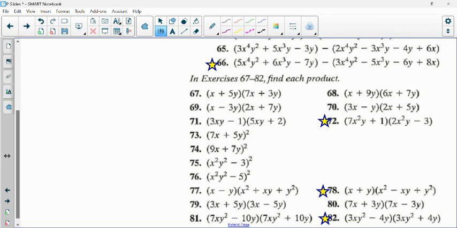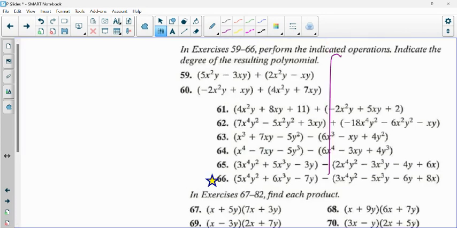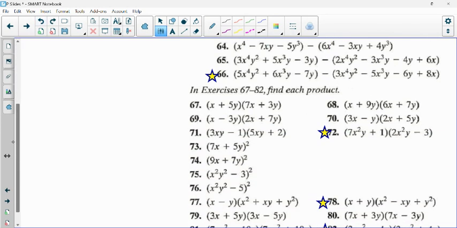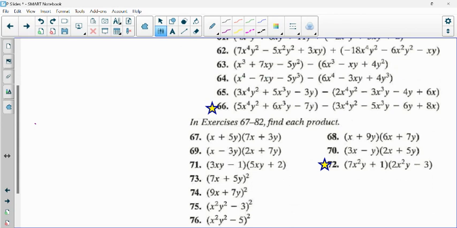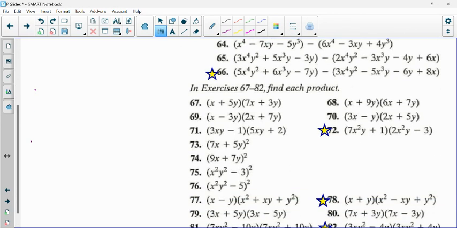Alright, so since it's a subtraction, the first thing we're going to need to do is distribute that negative sign through.